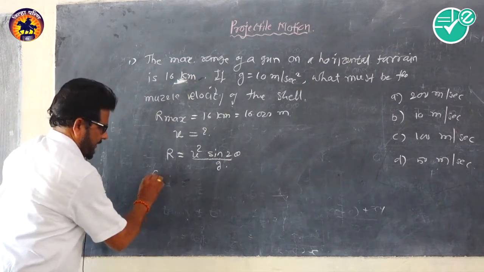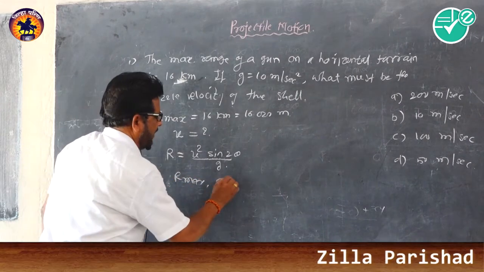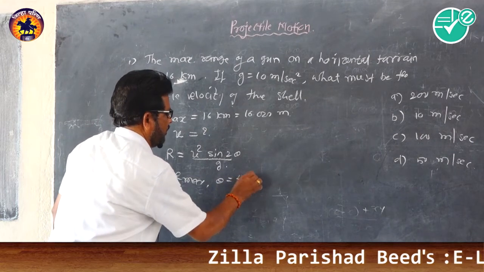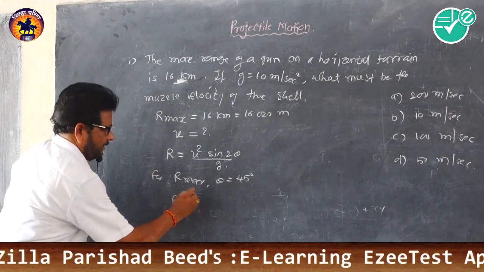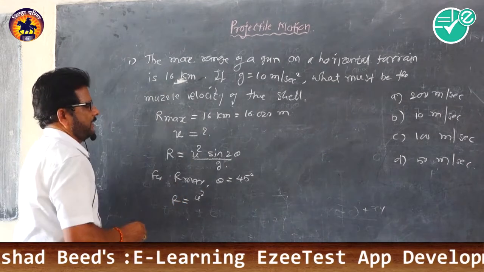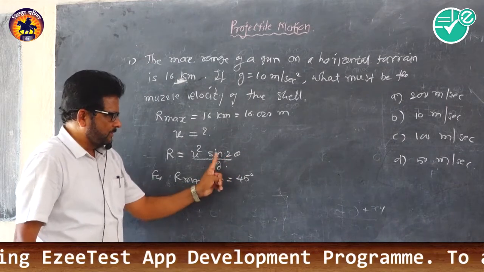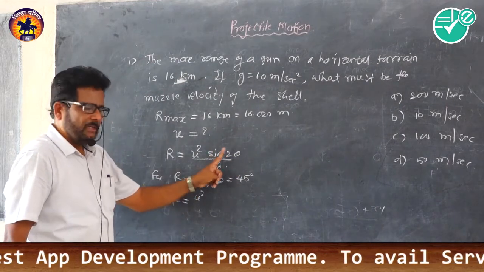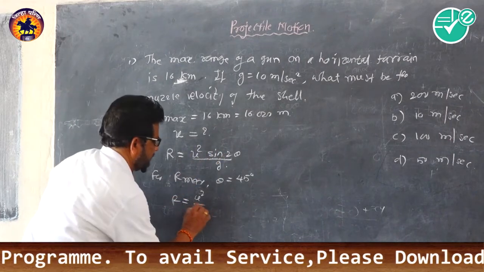So for R max, theta must be 45, and therefore we get R is equal to u square sin 2 theta, means sin 2 into 45, sin 90, but sin 90 is equal to 1. So this is 1, so u square upon g.